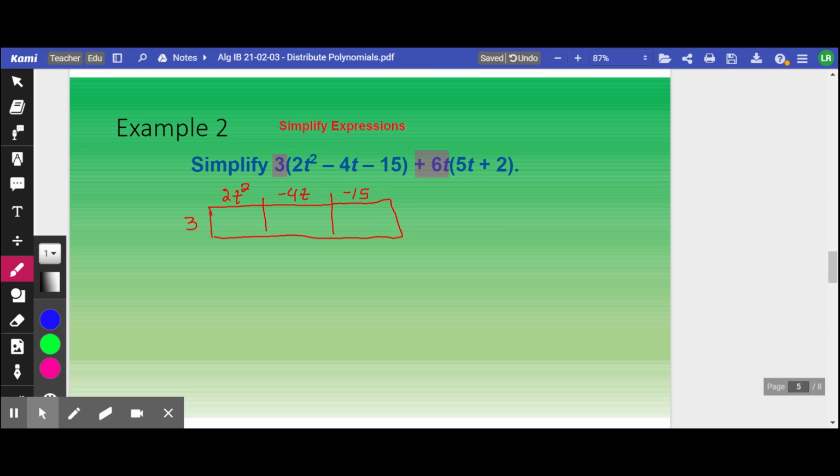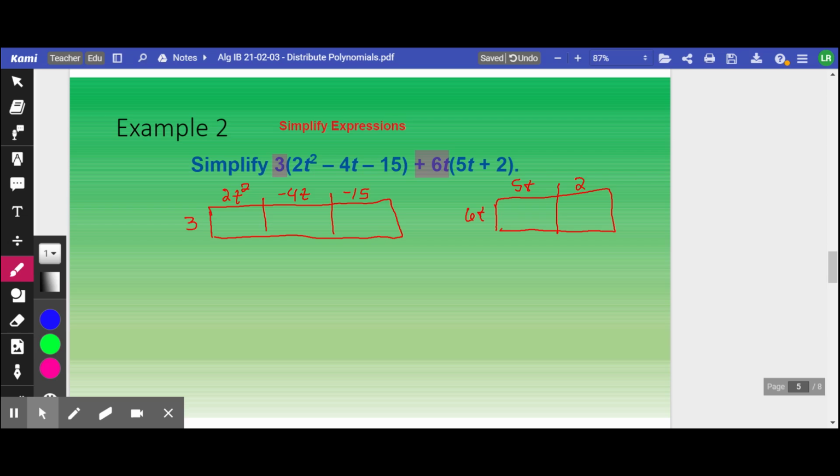On the second one, I have this 6t, and it's being distributed to the 5t plus 2. Notice I only made space for two boxes because there were only two terms in that parenthesis.